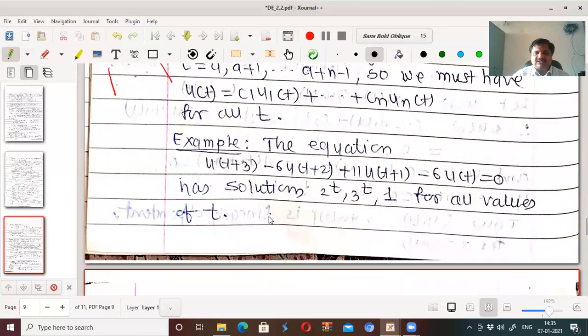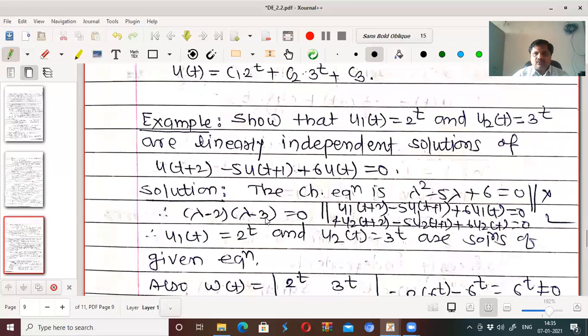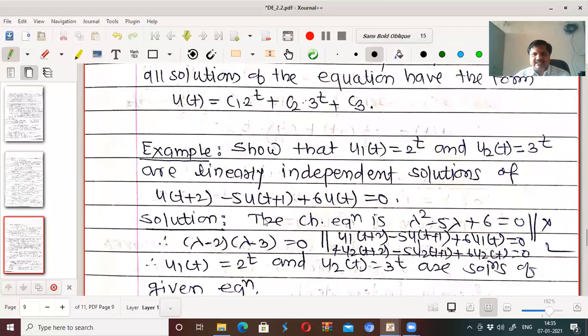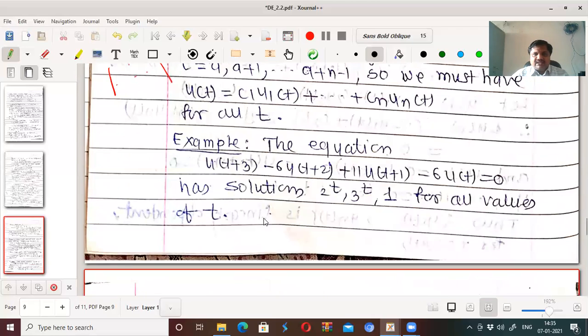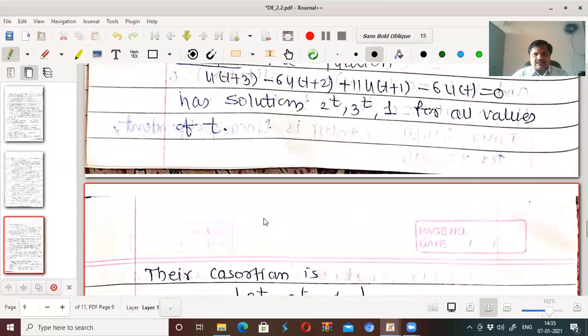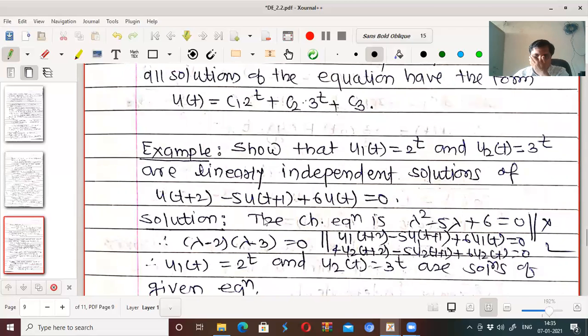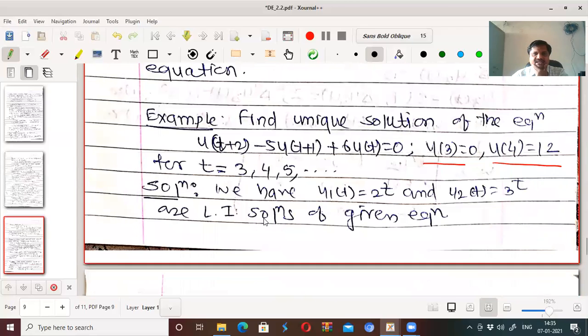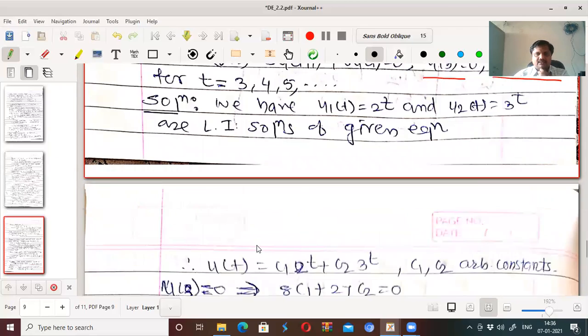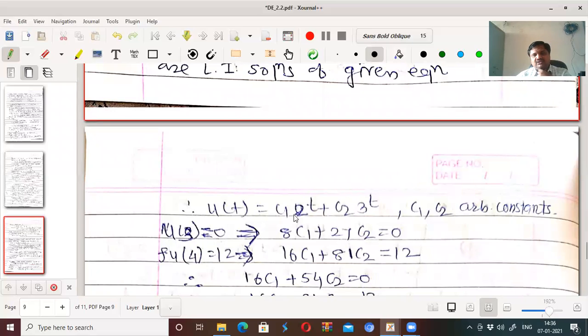So by using this result, we say that ut is equal to c1 2 to the power t plus c2 3 to the power t, where c1 and c2 are arbitrary constants, is again a solution.